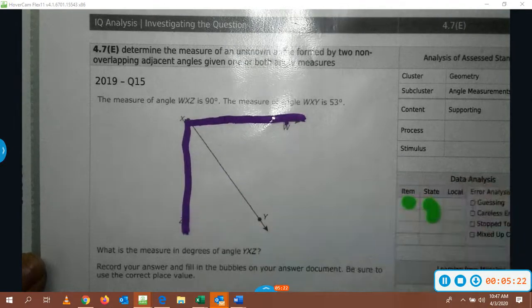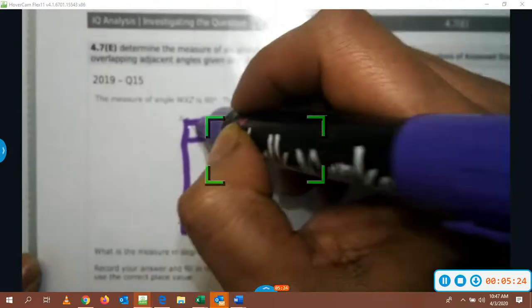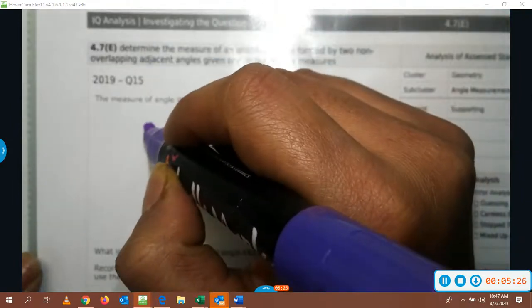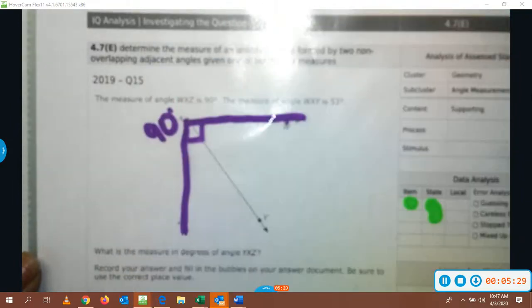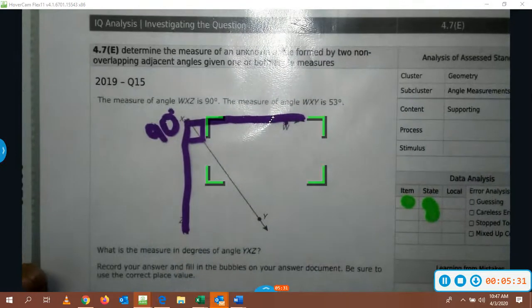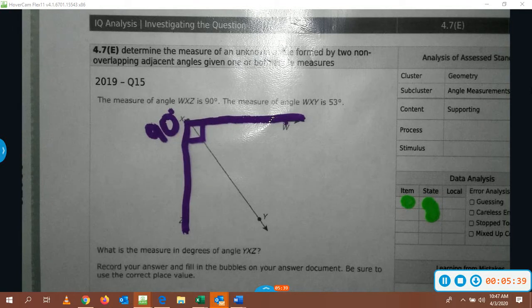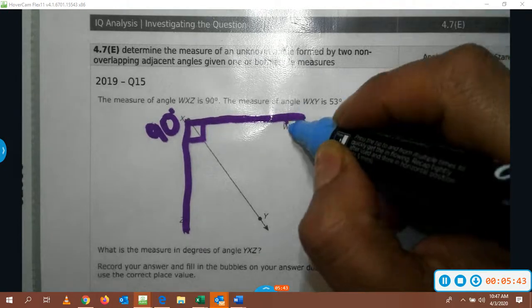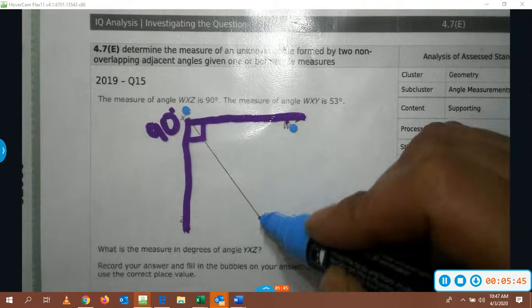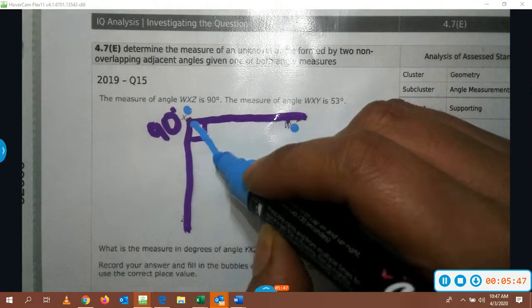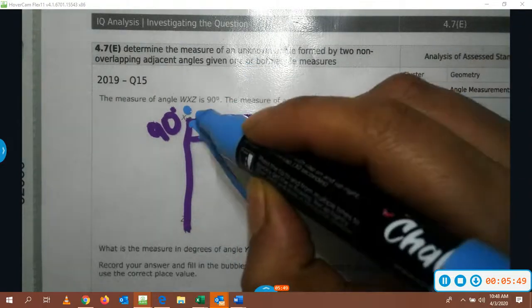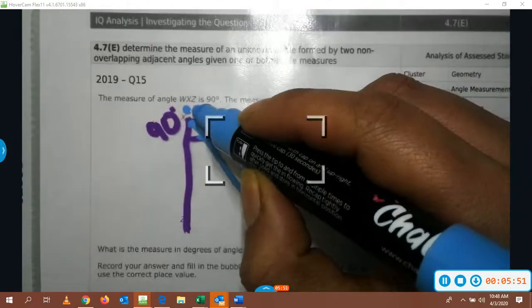Right, it says 90 degrees, so that is a right angle. Okay, and the measurement of WXY is 53 degrees. So let's find WXY. It looks like it's half, right?